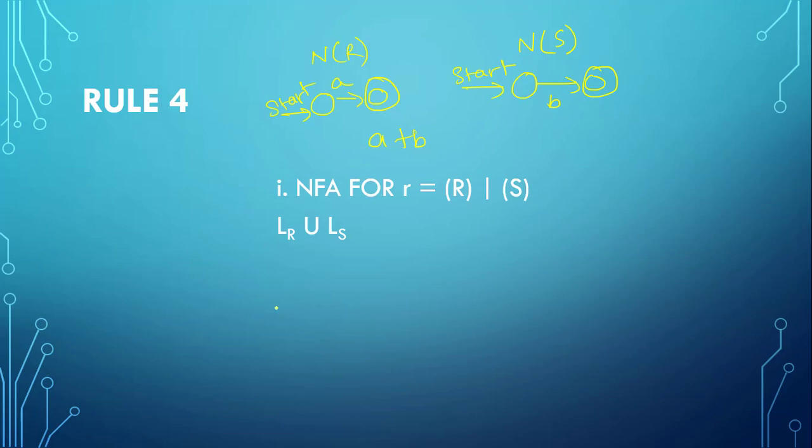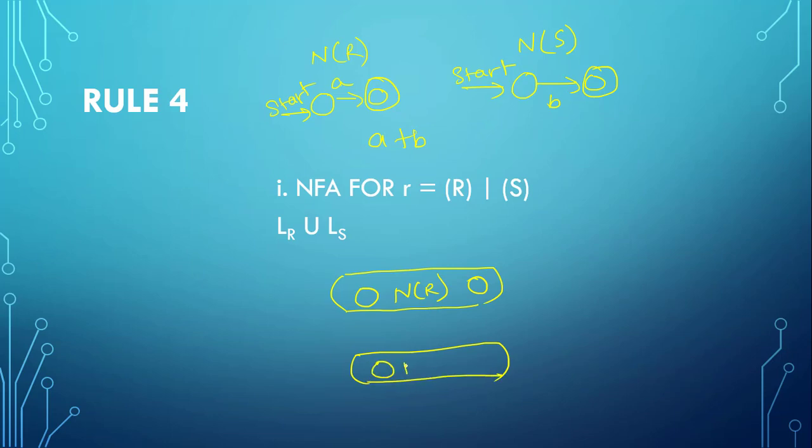So here we will have the NFA of R, which according to our example is the NFA of A, and the NFA of B, which is nothing but N of S. We will connect them to a start state and a final state over epsilon.